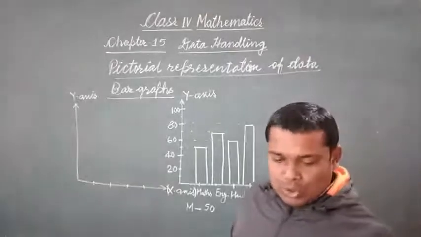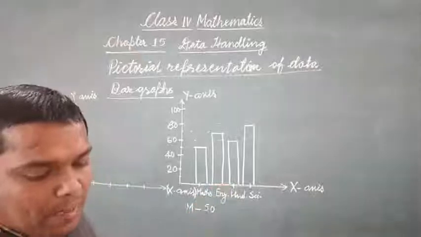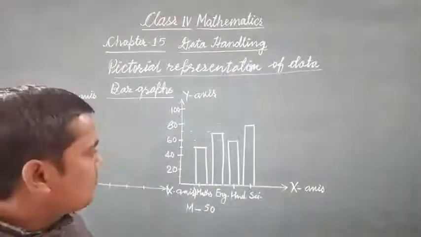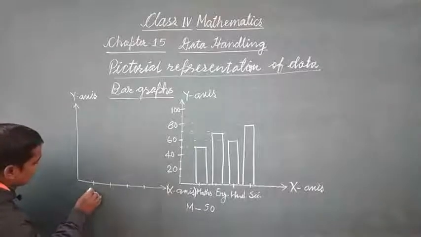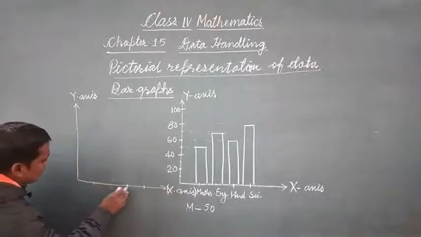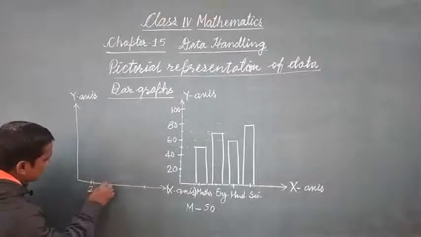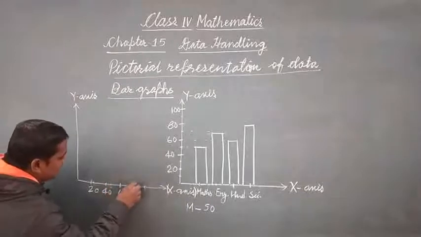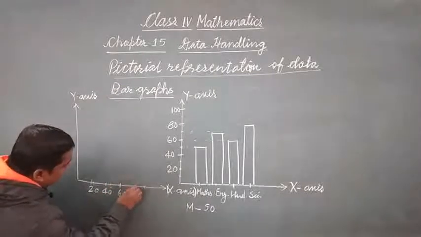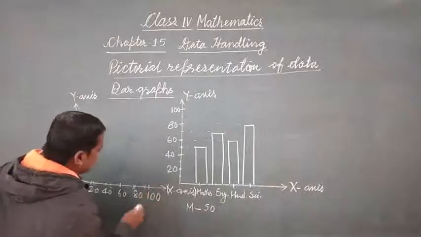Now I am going to draw a horizontal bar graph. In this case, I will write marks here on the x-axis: 20, 40, 60, 80 and 100.